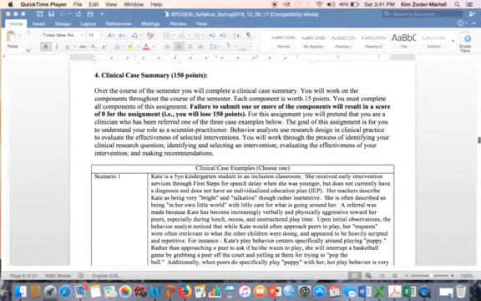For this assignment, you're going to pretend that you are a clinician who has been referred one of the 3 case examples below. And so you can pick any of the scenarios. You're going to work on this same scenario throughout the entire semester. Because keep in mind, I really had planned this to be one cohesive paper, but decided to break it up into parts.